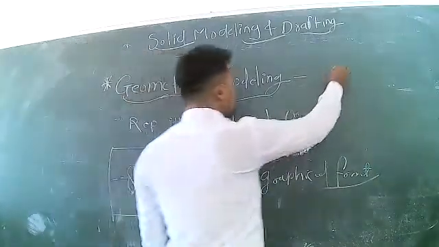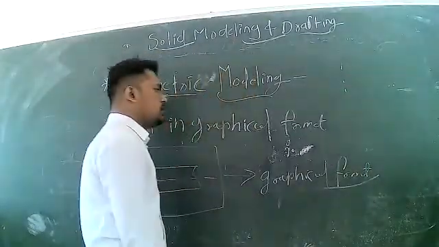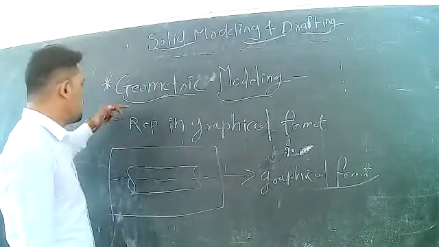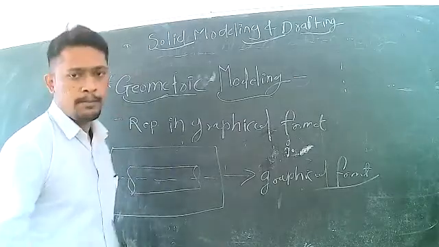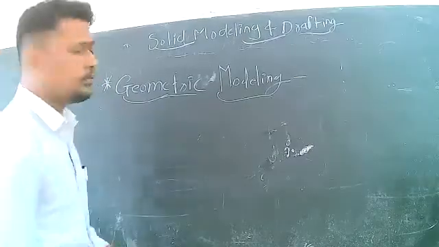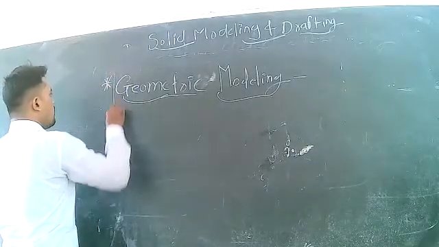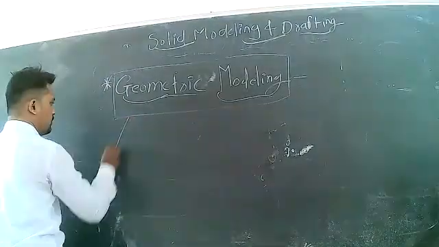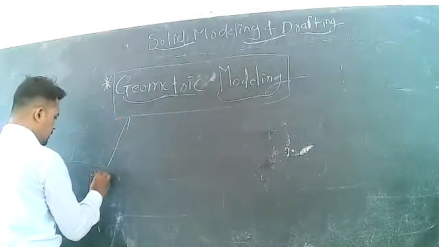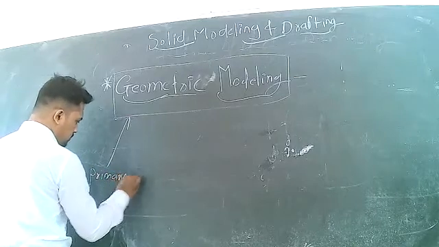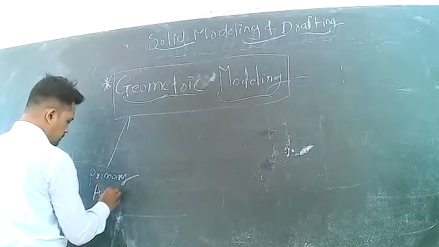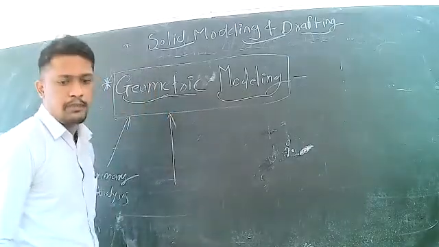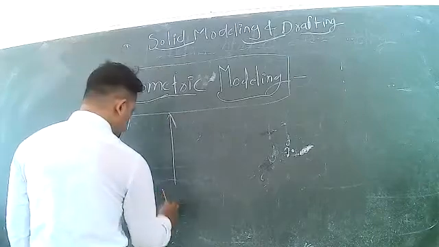Similarly, like the design process has various steps, that is problem identification, problem definition, in geometry modeling there are also various steps. First one is primary analysis. Second one is visualization.